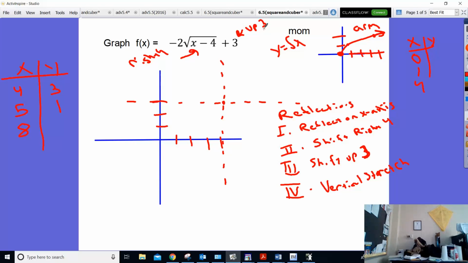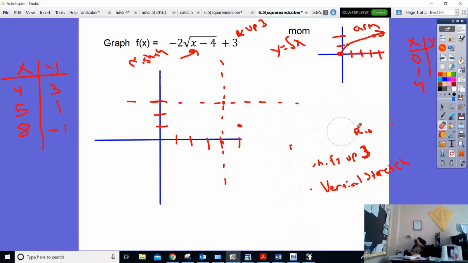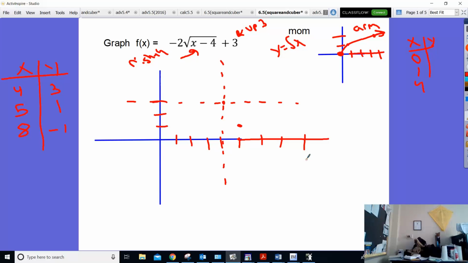Plugging in the 8, we get an 8 minus 4 in that radical. That's a 4. What's the root of that 4? 2. What's the negative 2 times 2? Add 3. 1. There's all you need to graph this whole thing. So to the right 5, up 1. And to the right 8, down 1.